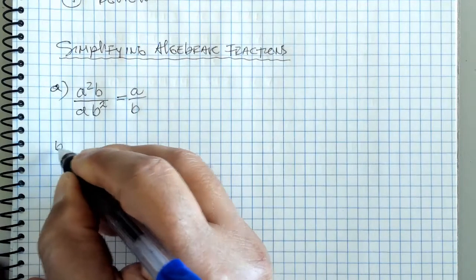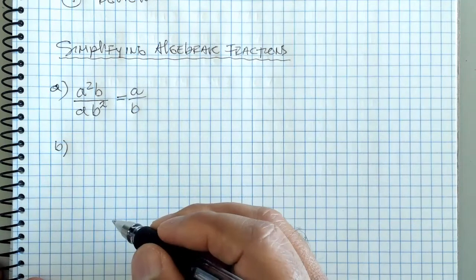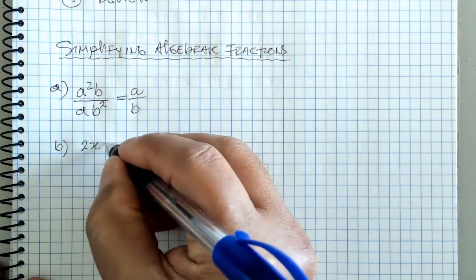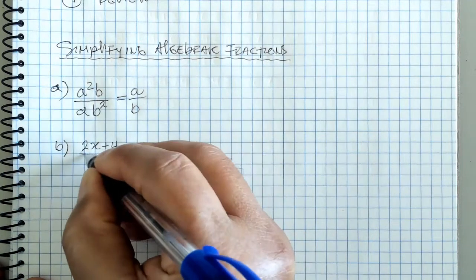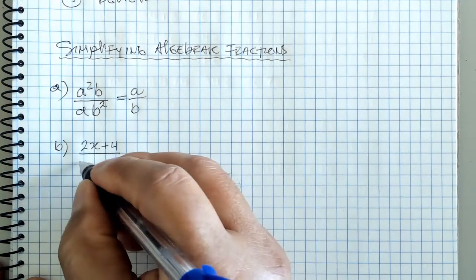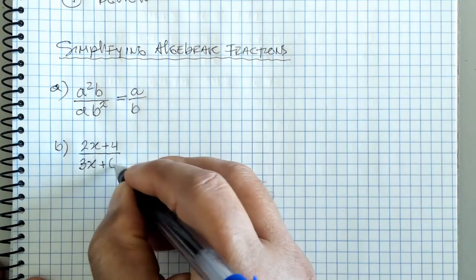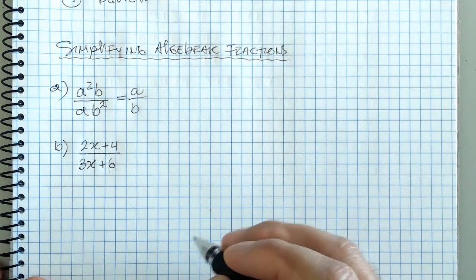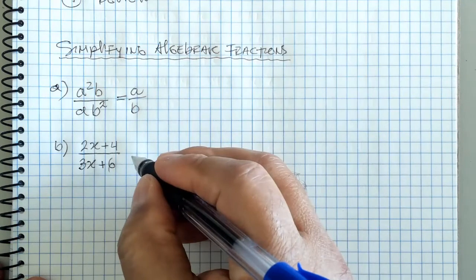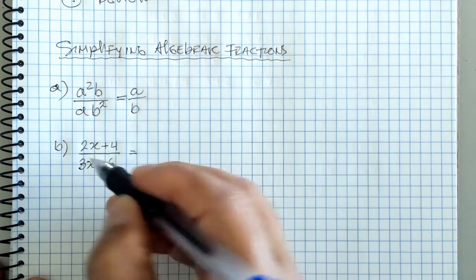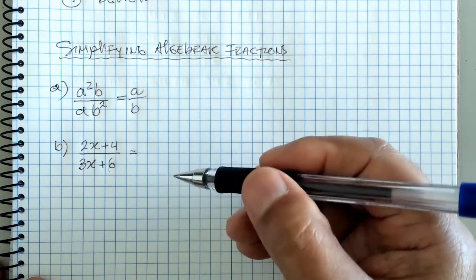Okay, question B. Let's say that you have 2x plus 4, over 3x plus 6. All right, so step number 1, you need to look at the top and see if you have a common factor.